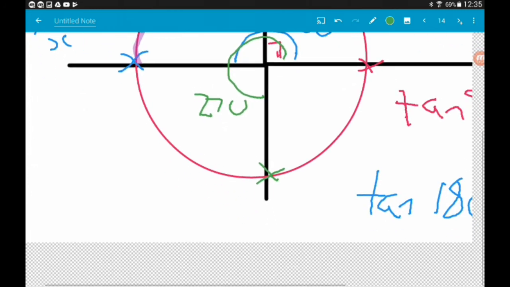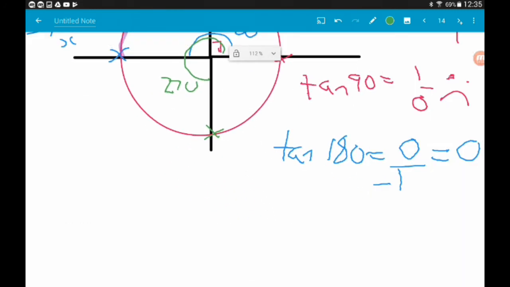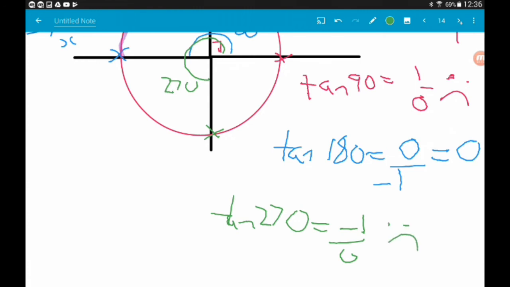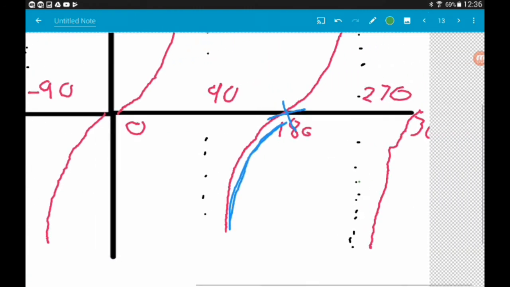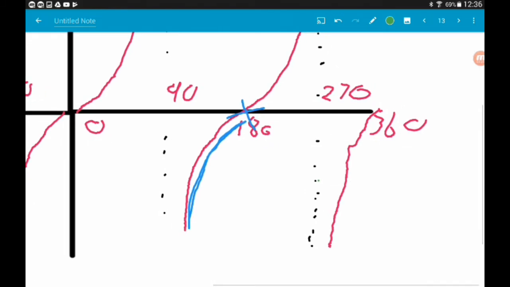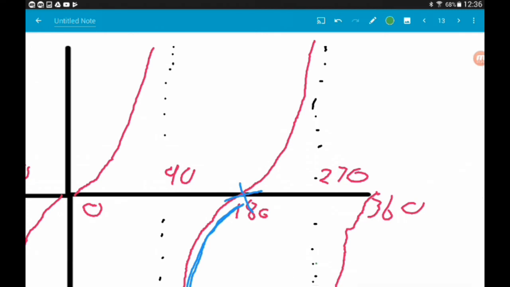So down here now, tan of 270 is, well, our y coordinate is -1, but our x coordinate problematically is 0. So again, we're unhappy there. That's why we've got an asymptote at 270 degrees there.